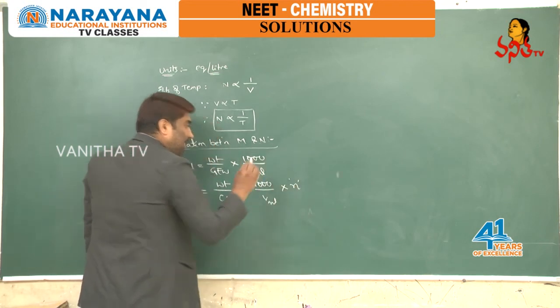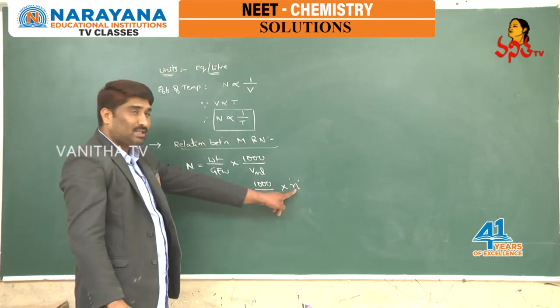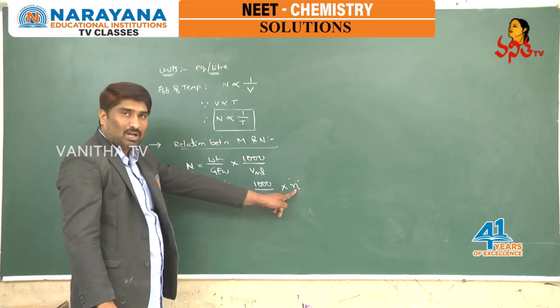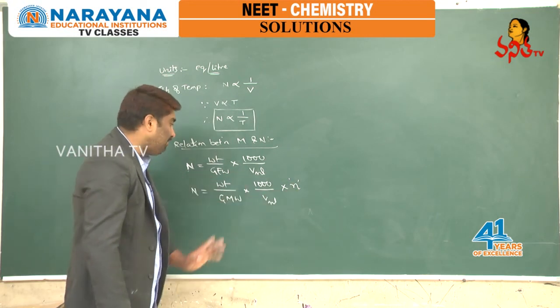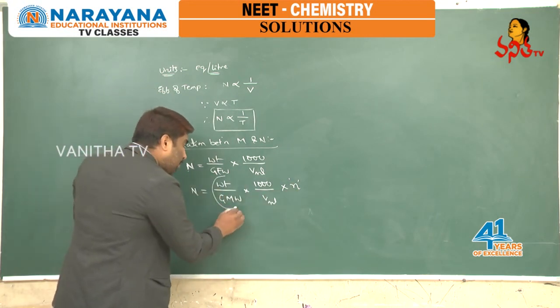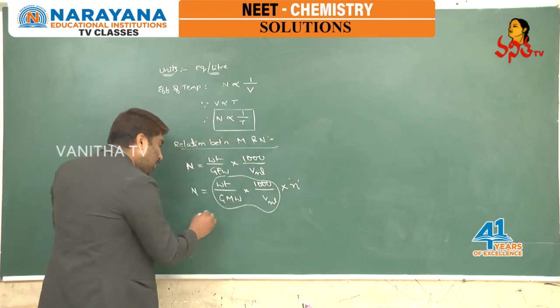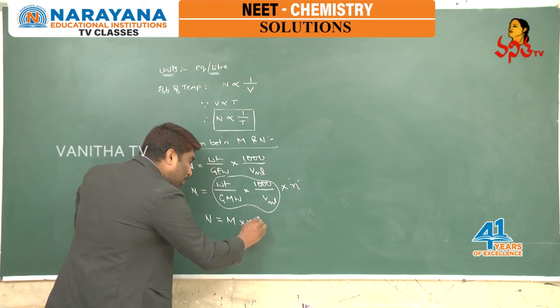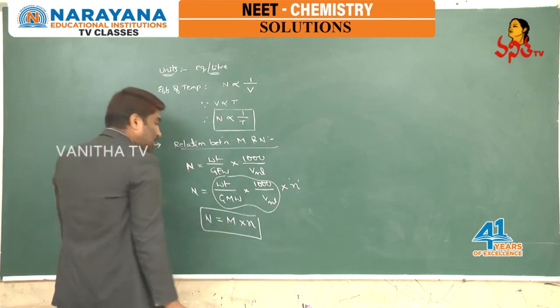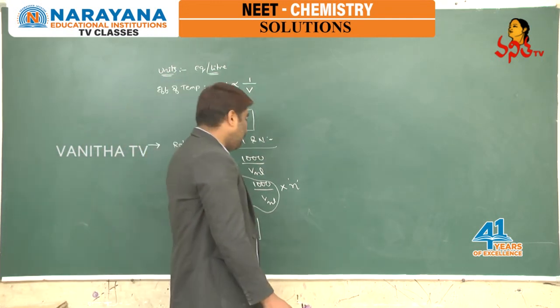N is basicity for acids, acidity for bases, charge for salts, number of electrons gained for oxidizing agents, and number of electrons lost for reducing agents. This is the n factor. Now weight by gram molecular weight into 1000 by volume in ml is molarity. Therefore, normality is equal to molarity into n. This is the relation between normality and molarity.